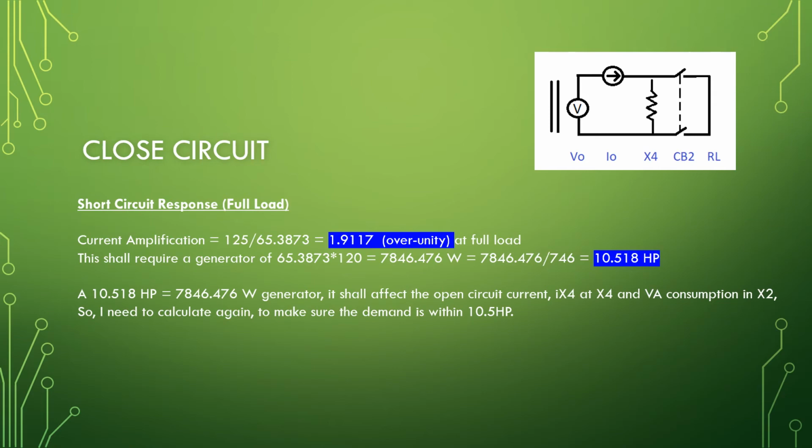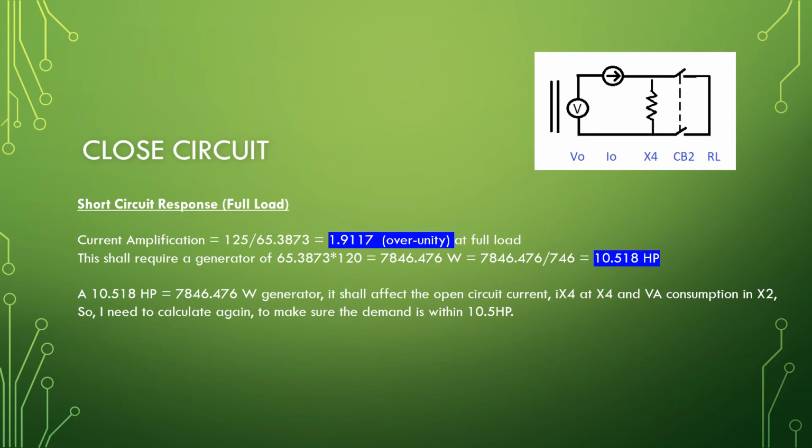This shall require a generator of 65.3873 times 120 equal to 7,846.476 watt equal to 7,846.476 divided by 746 equal to 10.518 horsepower.